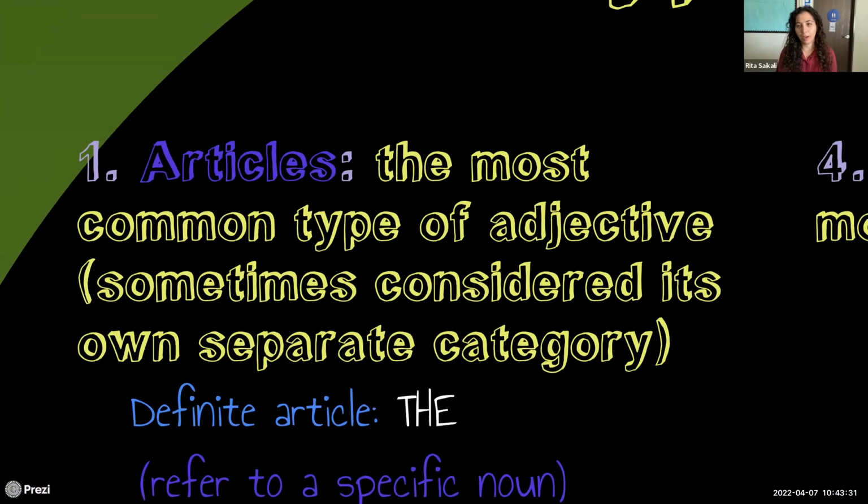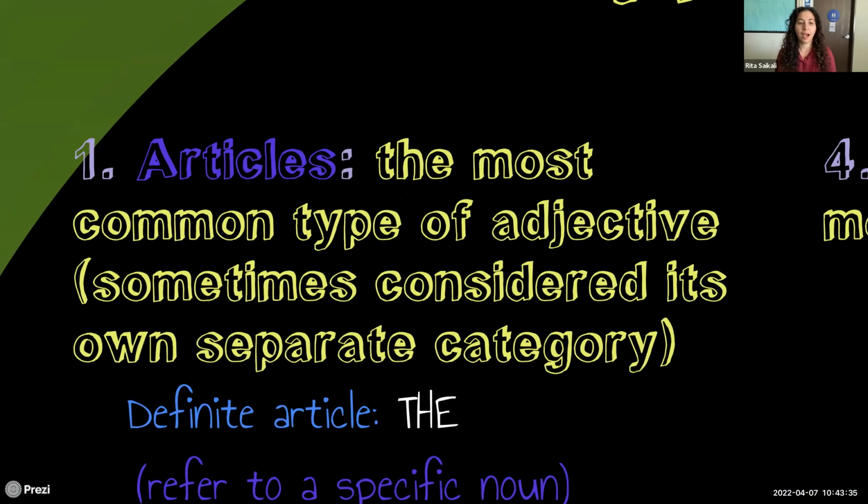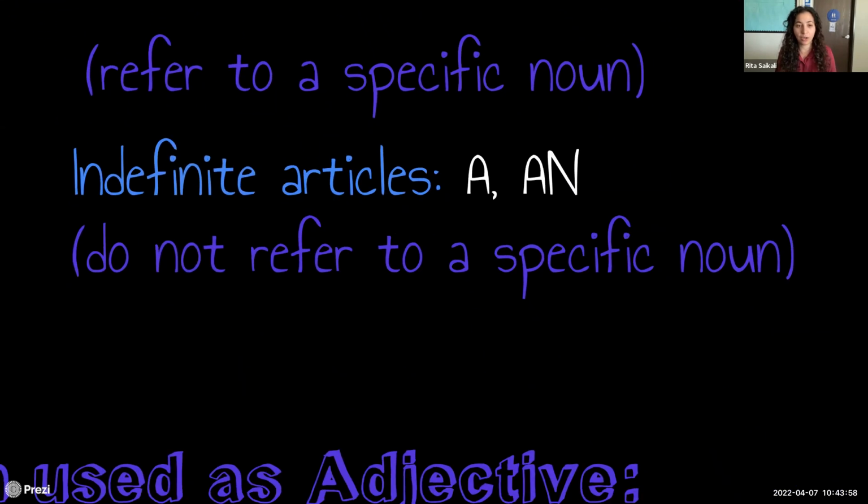All right. What are other types of adjectives that we have? Well, articles. So you have the, for example, is an adjective, right? The most common type of adjective, sometimes considered its own separate category, would be a definite article, in this case the, which is used to refer to a specific noun, and an indefinite article, a or an.